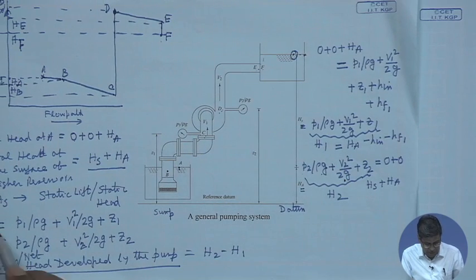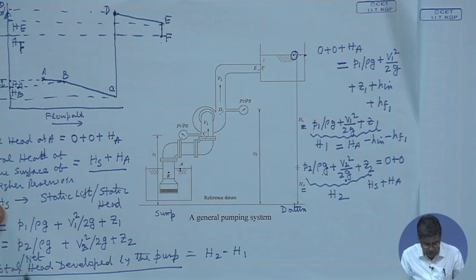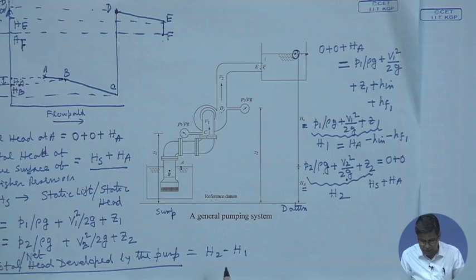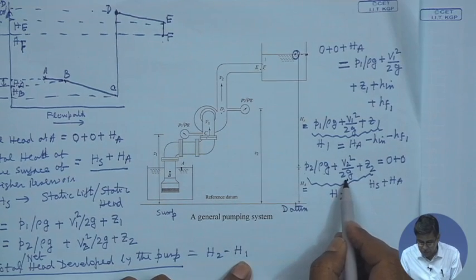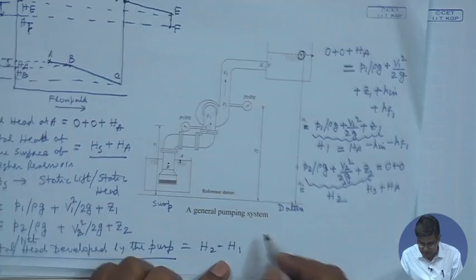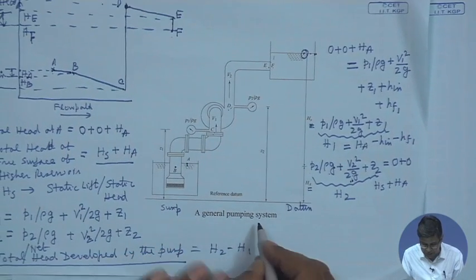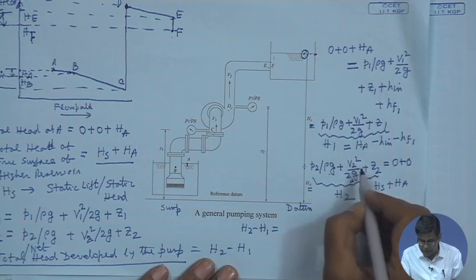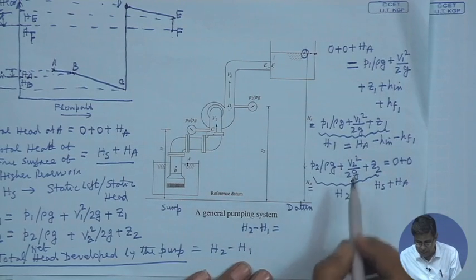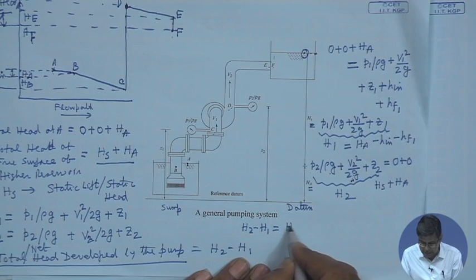And the difference between the two is total or net head developed by the pump, H2 minus H1. So, if we subtract this one from this, we get H2 minus H1. If you subtract this H2 minus H1, we get Hs.